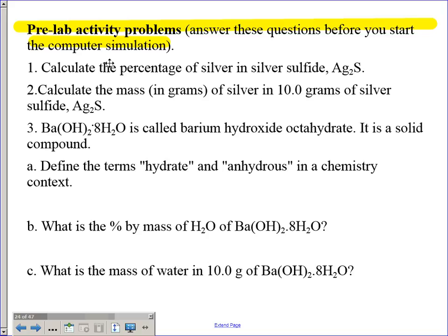So calculate the mass in grams. That's number 1. The lowest is 4, so we can go with 4. Oh, I forgot to do that. So you would choose 4.